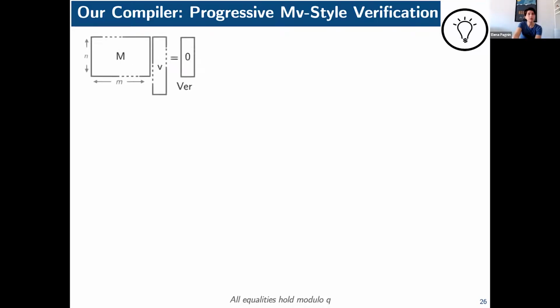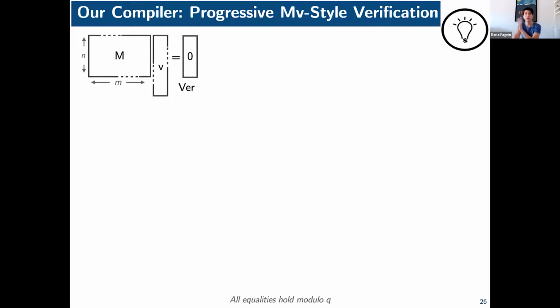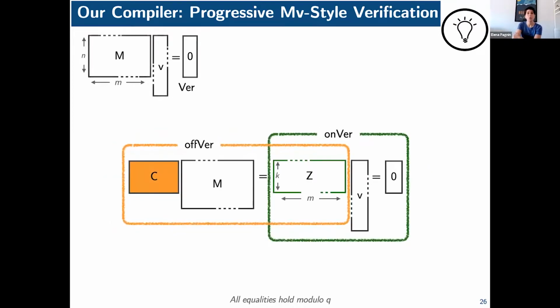Let's see how to realize this thing. We start again from the same intuition as we had before, MD style verification. And we start actually from the same compiler we had for efficient verification. And what we do is very simple. You can say, okay, now my offline verification is going to be my step 0, which gives me accuracy 0.